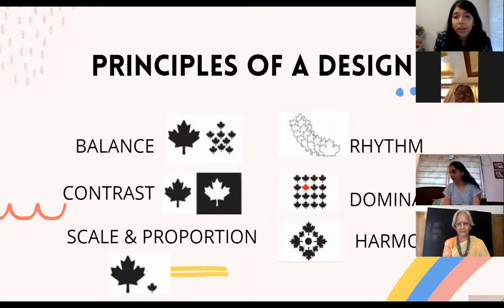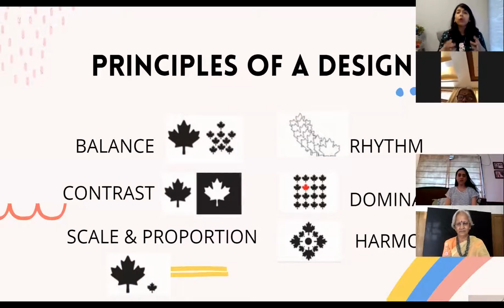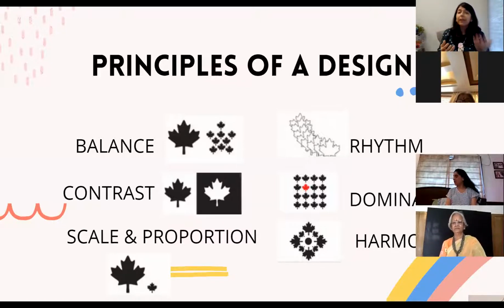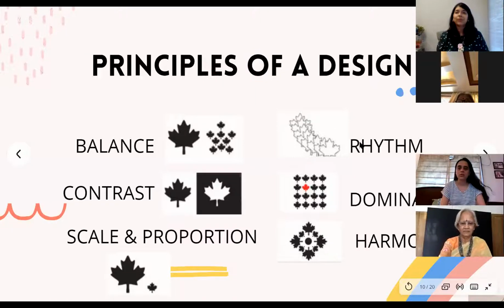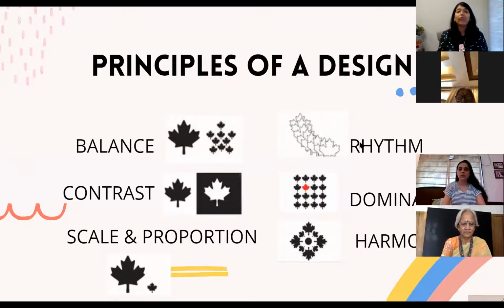Now, coming to contrast. Again, the word itself says it. Contrast means difference. So use of contrasting textures, rough, smooth, use of contrasting colors. Give me examples of contrasting colors. One or two, come on. Contrasting colors, contrasting textures, contrasting forms.